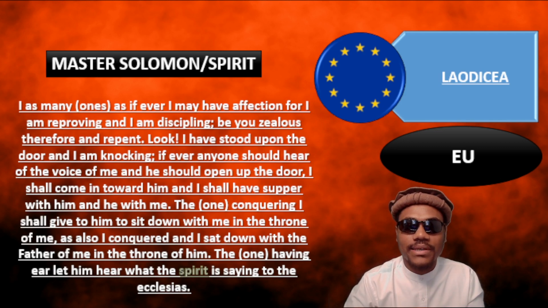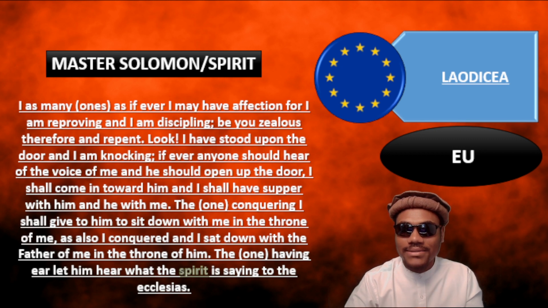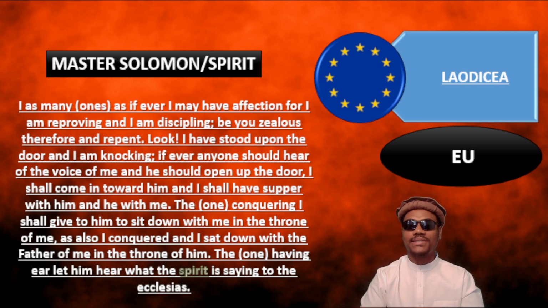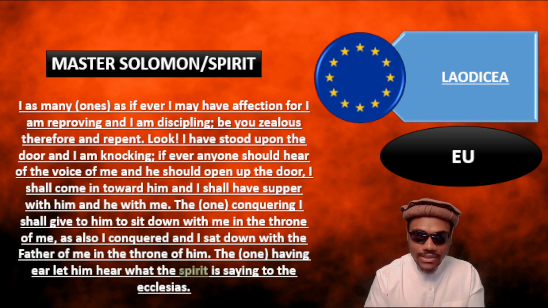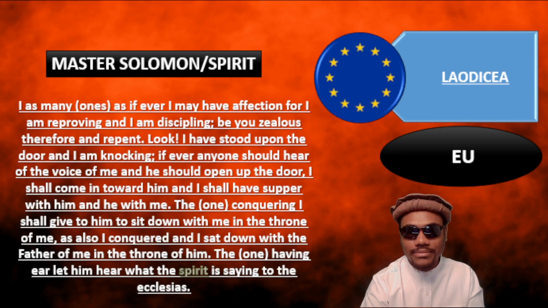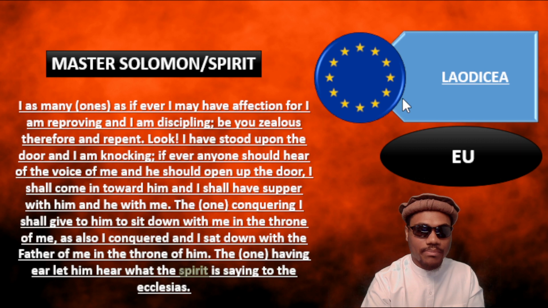I shall give to him to sit down with me in the throne of me, as also I conquered, and I sat down with the Father of me in the throne of him. The one having ear, let him hear what the Spirit is saying to the ecclesia. So that's what Suleiman is saying to that part of that nation, the Islamic part.